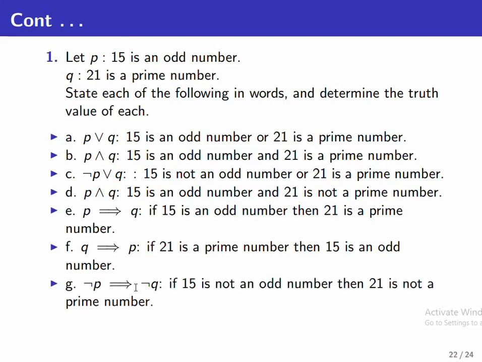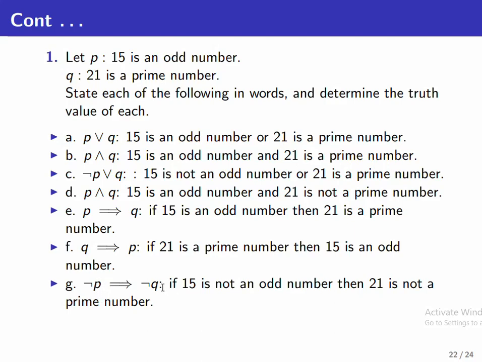Negation P implies negation Q. From the above, we have P and Q. P is 15 is an odd number, so negation P becomes 15 is not an odd number. Q is 21 is a prime number. Negation Q is what? 21 is not a prime number. So negation P implies negation Q is: if 15 is not an odd number, then 21 is not a prime number. From the above, P is true, so negation P becomes false.